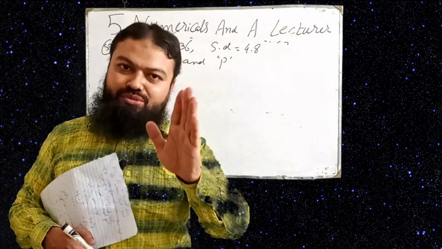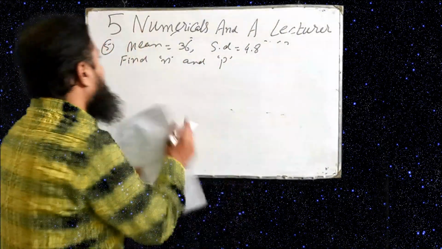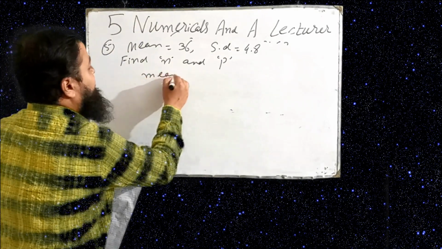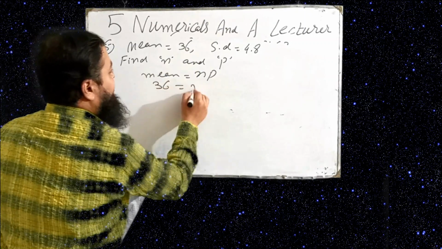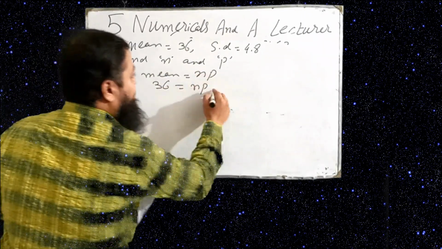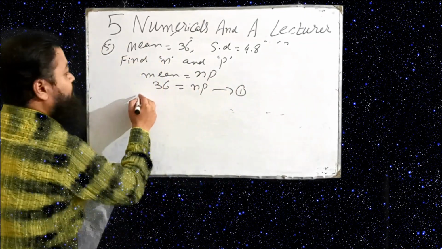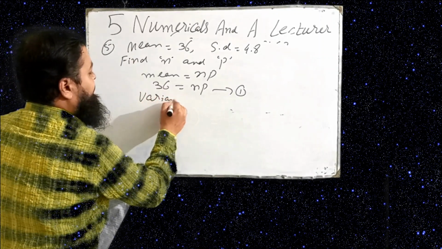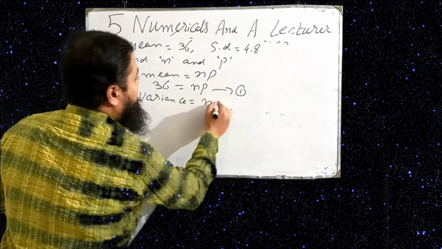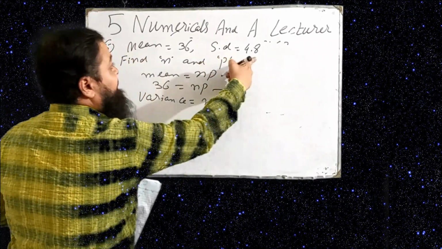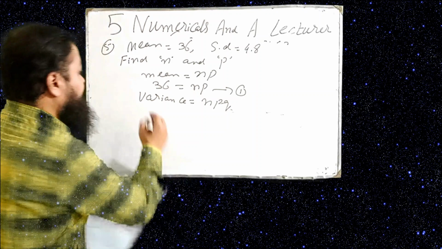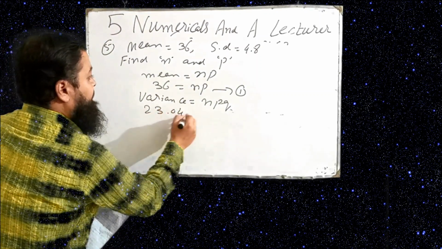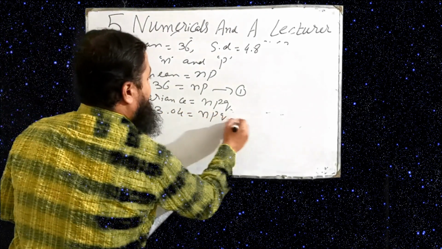Dear students, we know in binomial distribution mean is always equal to np. 36 will be over here, is equal to np. Both are unknown, it will be equation number 1. Now we know variance of binomial is npq, but that is the value of standard deviation. Just take the square of 4.8 and that will be 23.04 is equal to npq.